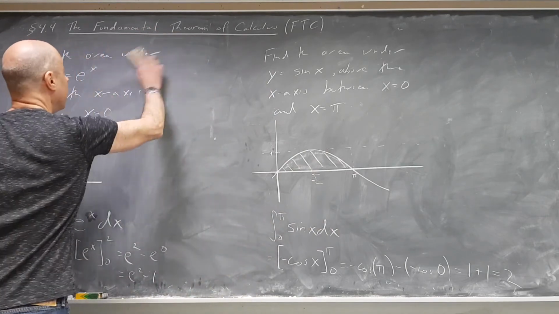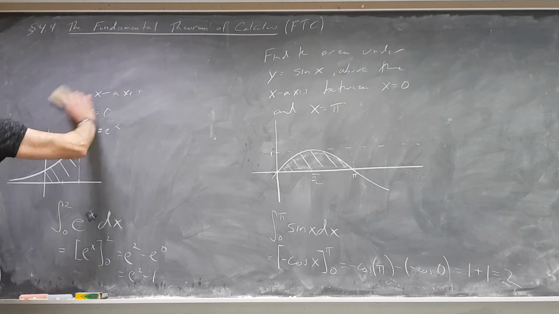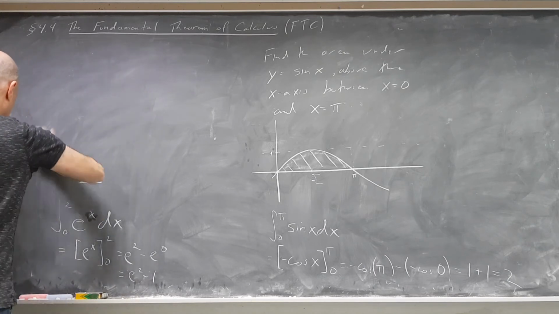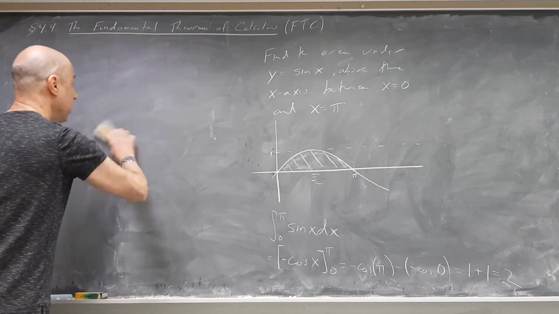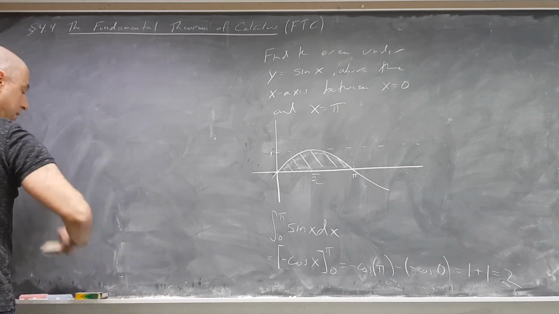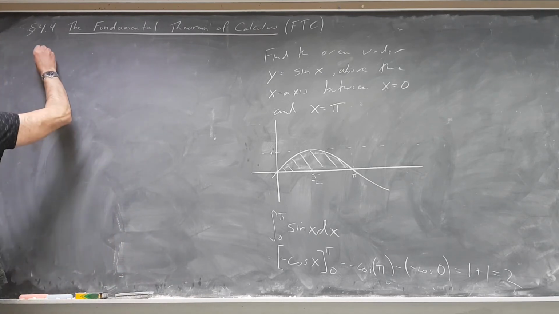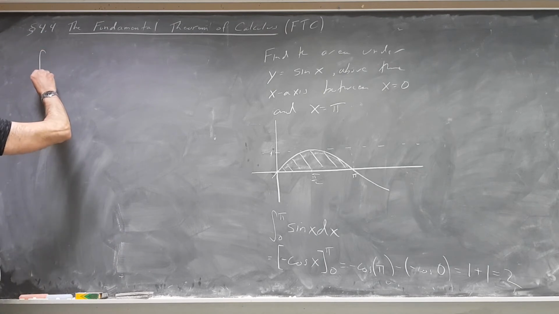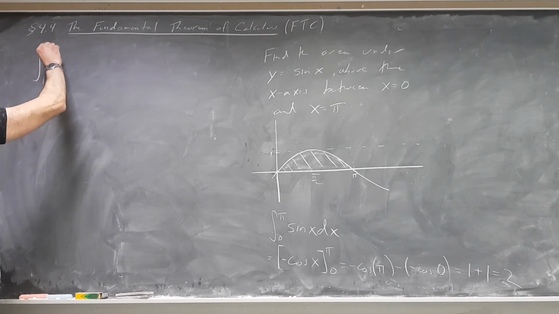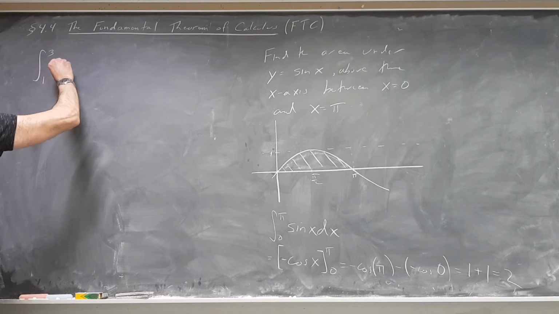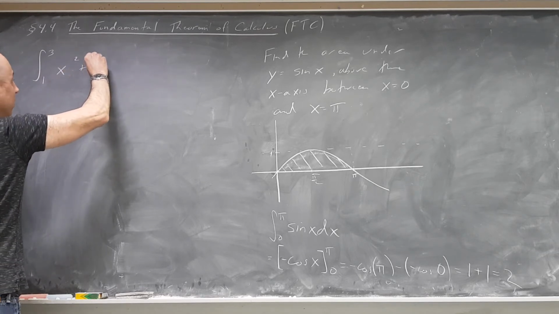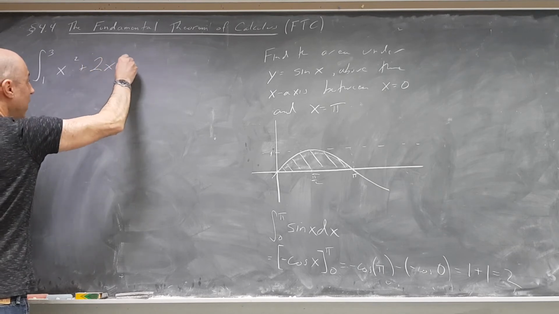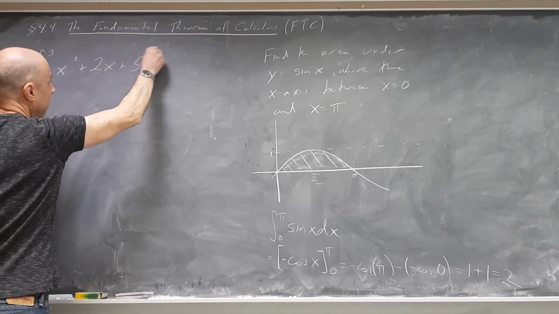Let's do some more. Let's integrate between 1 and 3 x squared plus 2x plus 5.